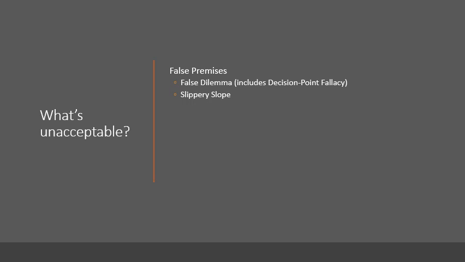That's the unacceptability. Then there are 2 inductions, inductive arguments that have bad versions. These are weak inductions that we need to think about, and the 2 examples of weak or bad inductions are hasty generalization and faulty analogy.